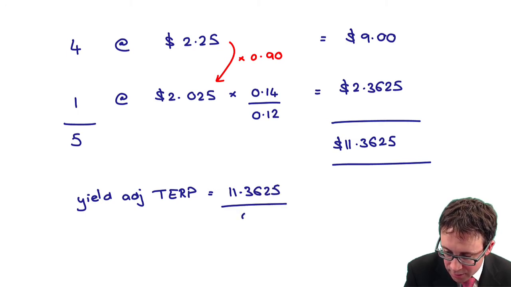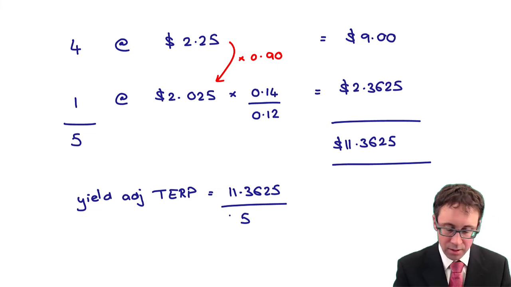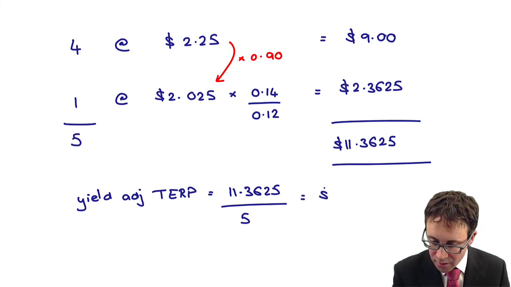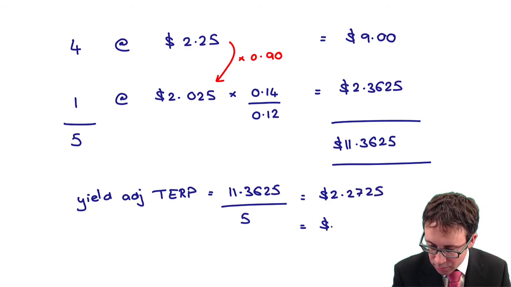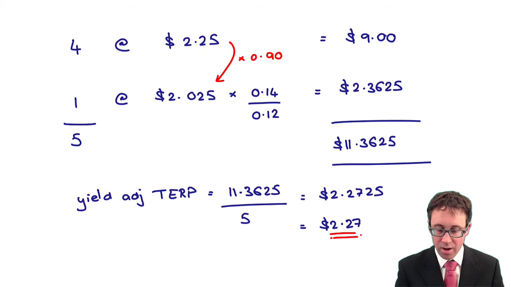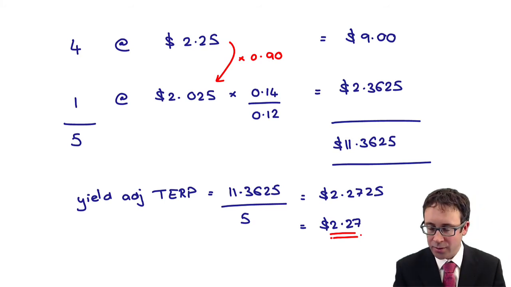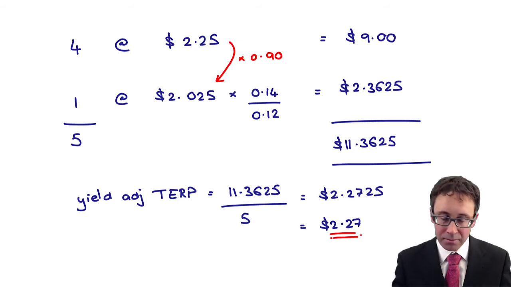It's the 11.3625 divided by 5, which gives me $2.2725, which is $2.27 if we round it down. Okay, excellent. $2.27, or is it $2.28? Hotel, motel, who cares? Okay, happy with that?